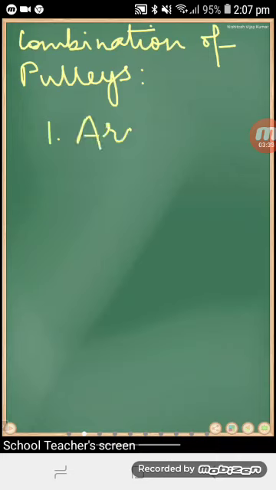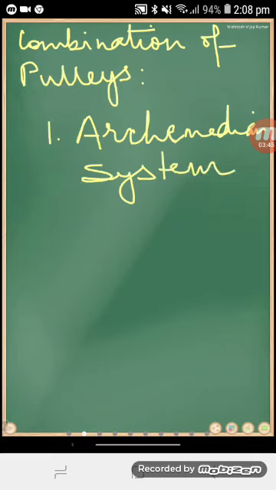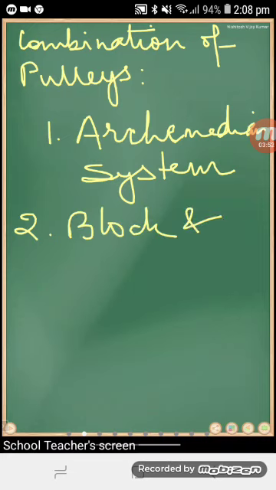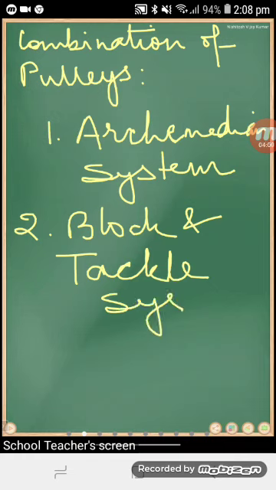One is your Archimedean system, and the other is your block and tackle system. So the first thing we are going to do is study the Archimedean system.